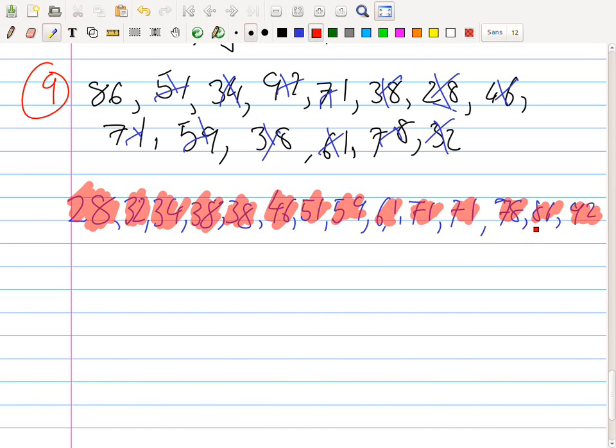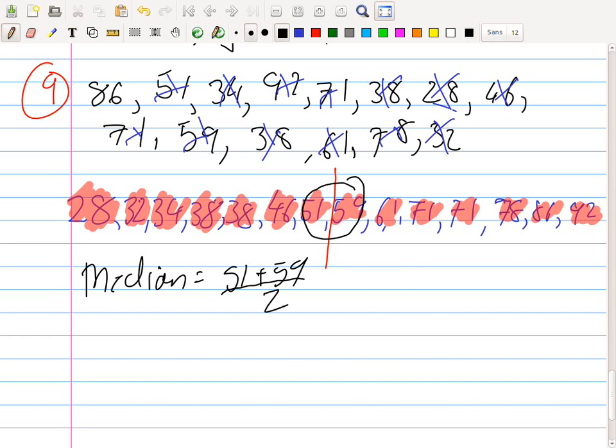There's 14, an even number. So we split it into 7 and 7. So our median is based on the two middle numbers. Add them and divide by 2. So the median is 51 plus 59 over 2, which is 55.